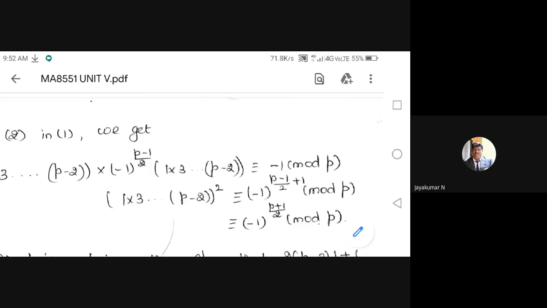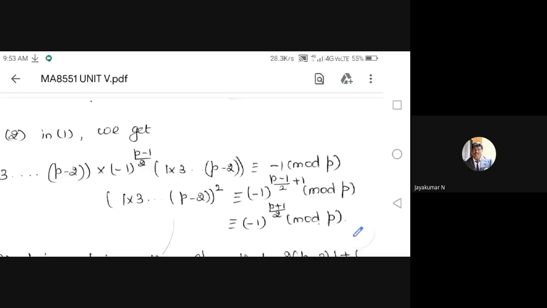Okay, so the basic rule of algebra is, when you are multiplying two numbers with equal base, the powers will be added. Here the power is P minus 1 by 2 plus 1. So it will be simplified.